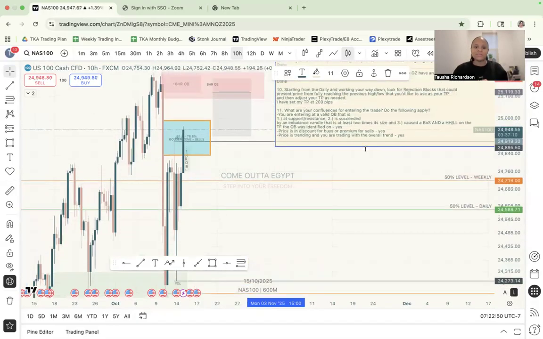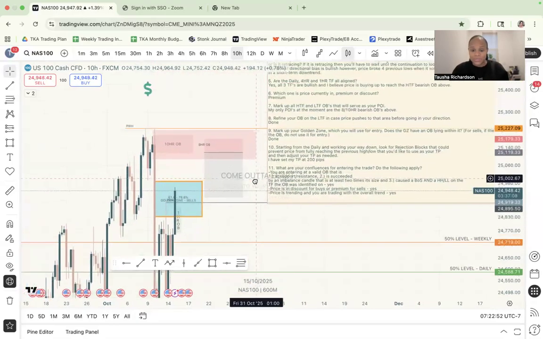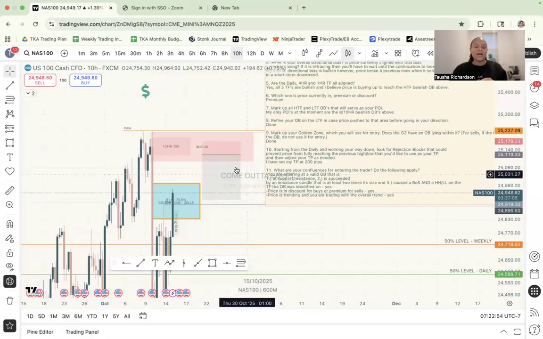I will be waiting for that stop hunt to occur, or for price to give me a bearish engulfing candle to let me know it's ready to go, and then I'll get in. But until I see either of those things, I'm not getting into the trade.